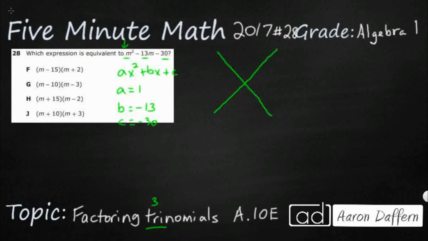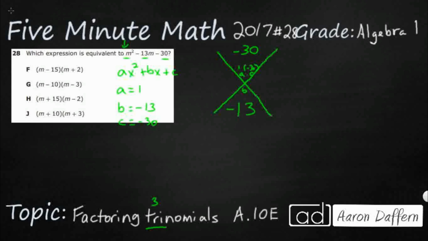So what we do in the top part is we take our a term and our c term, we multiply them. So a term is 1, our c term is negative 30, thus we are just looking at negative 30. Down below, we are writing just the b terms, so that's negative 13.